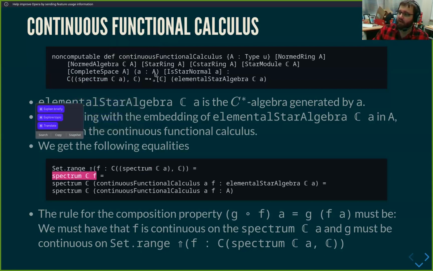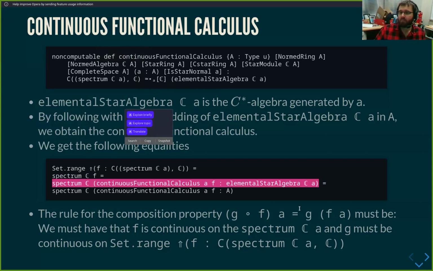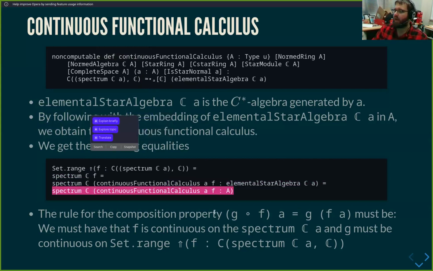But because this is an algebra equivalence up here, that's actually the spectrum of its image, in the elemental star algebra, the C-star subalgebra generated by A. But by spectral permanence, that coincides with the spectrum of A in the big algebra A itself.